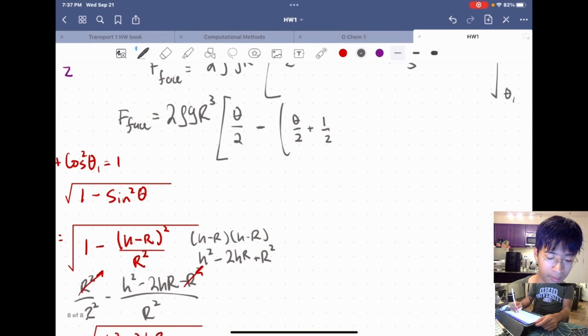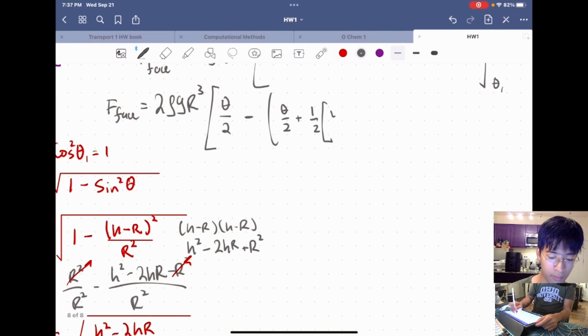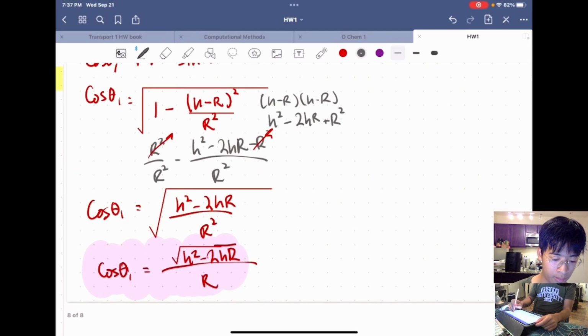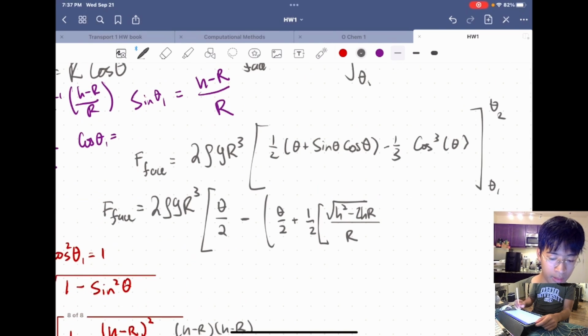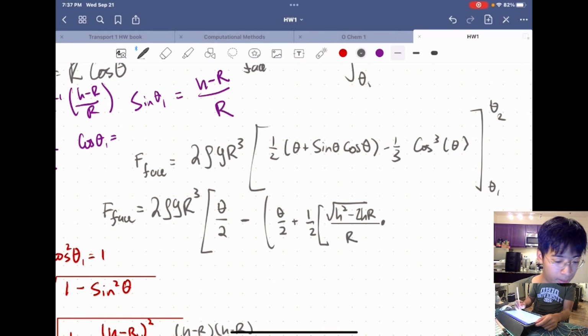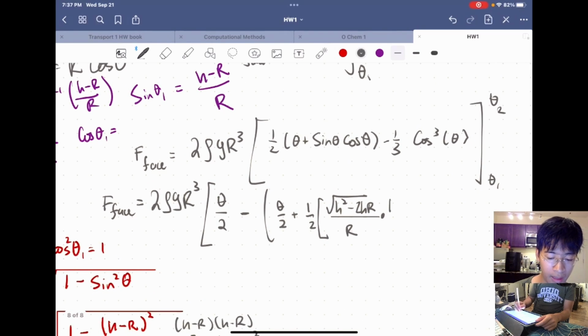Sine cosine theta, so times the quantity radical h squared minus 2hr over r, times, I'm trying to minimize the use of parentheses here, times h minus r over r. Okay, so that's this term taken care of.